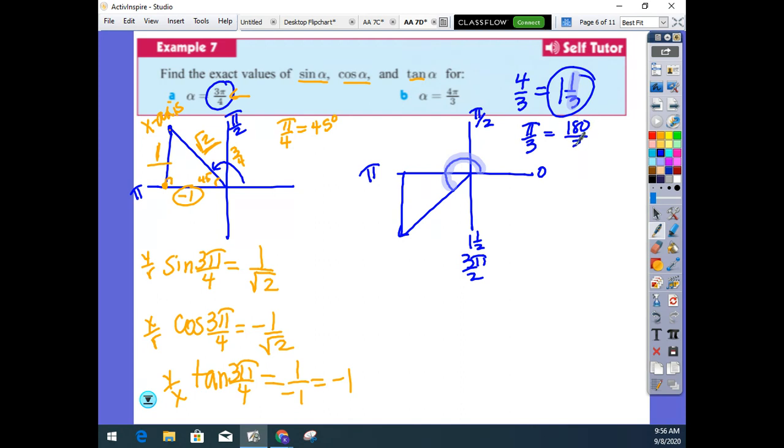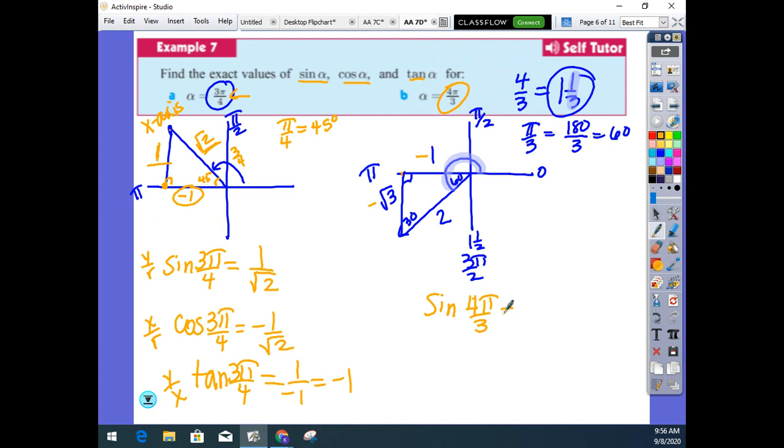Pi is 180 divided by 3, that's our 60. So it's our 60, 30, 90, 1, 2, square root of 3. X is going left, so it's negative. Y is going down, so it's negative. Then I just need sine, and I just copy the angle down each time.